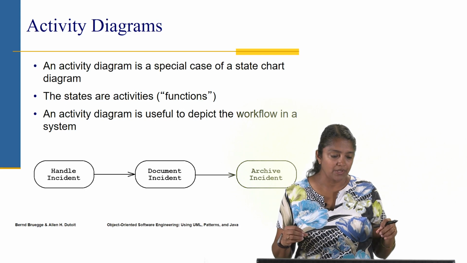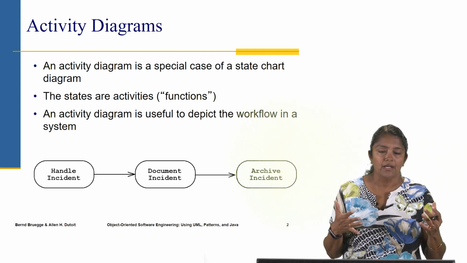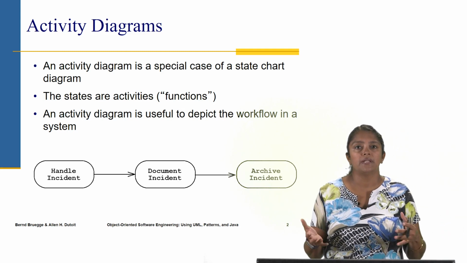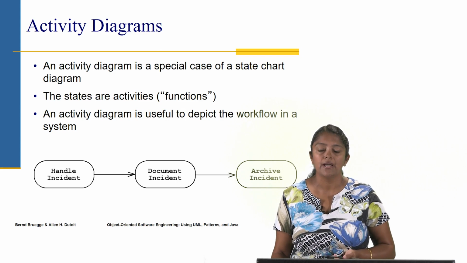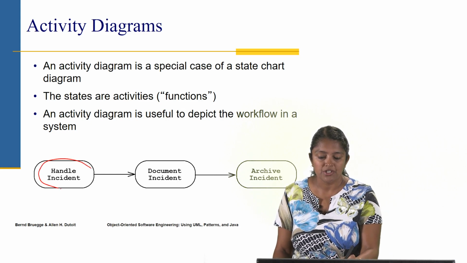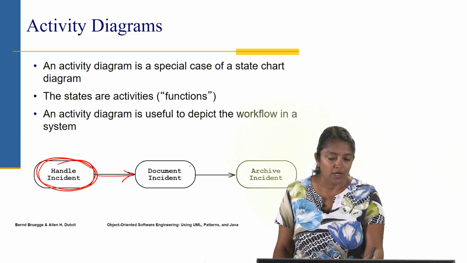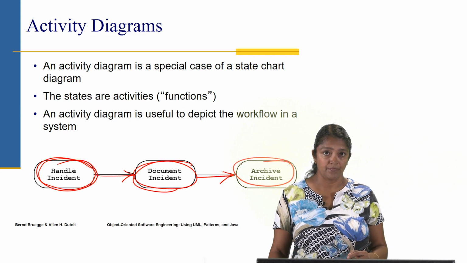So say, for example, a system to handle different kinds of emergency incidents, then an activity diagram would look like the one shown here in the diagram, where the first function or activity is to handle the incident, followed by documenting the incident, followed by archiving the incident.